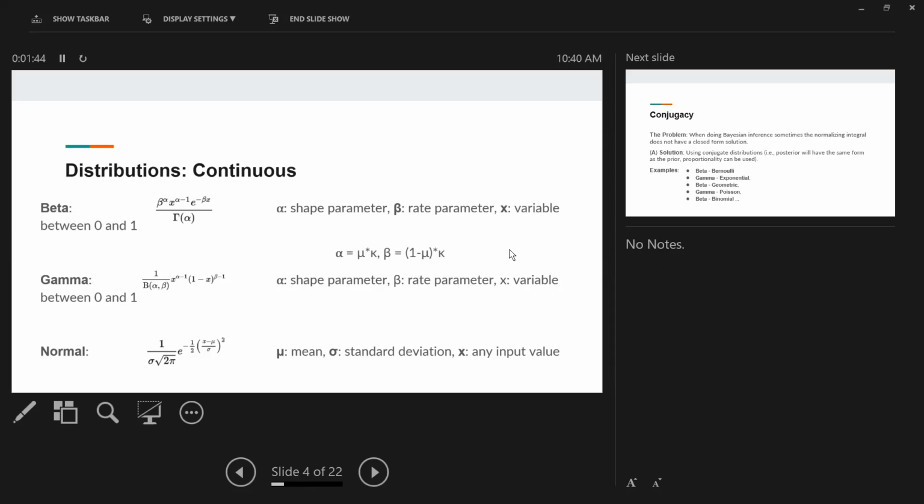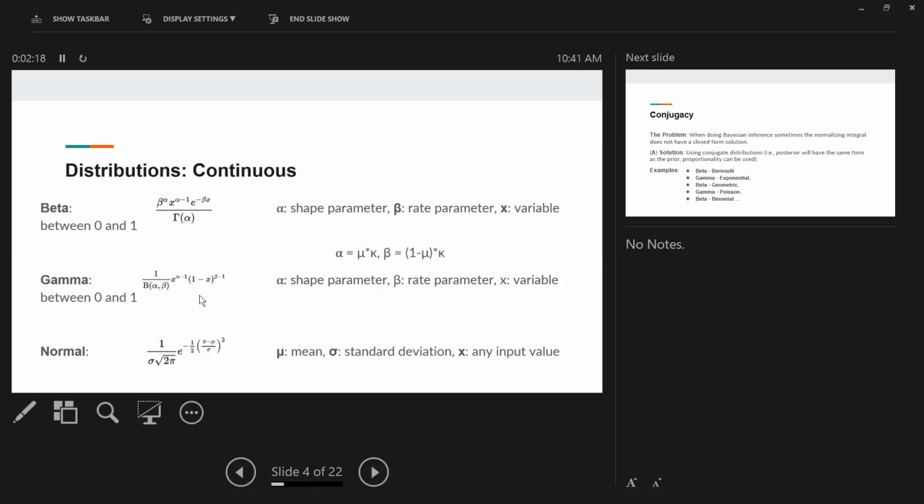Yes, this is the beta, and this is gamma. Hello, online. So this is the gamma distribution, and this is the beta distribution.